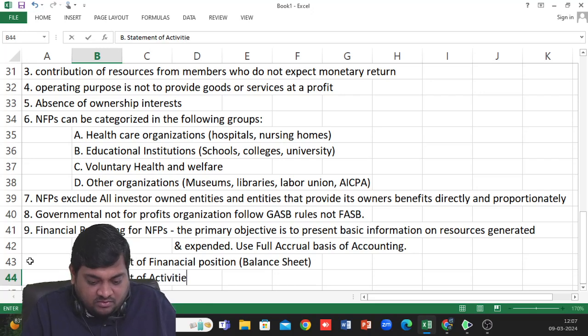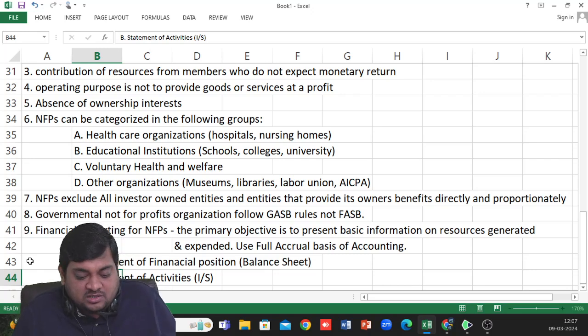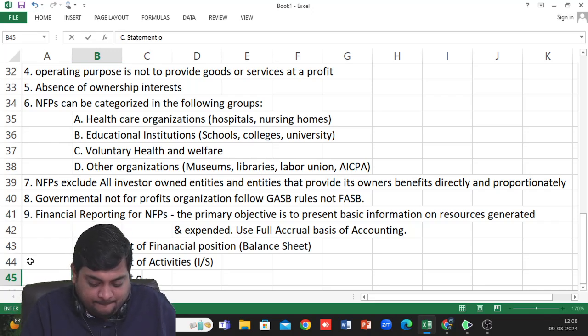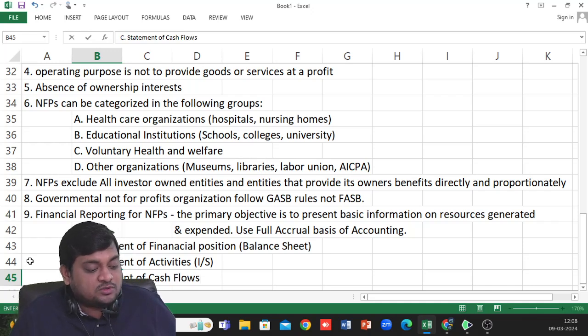This is like the income statement, right? Then we have statement of cash flows, right? So this is cash flow.